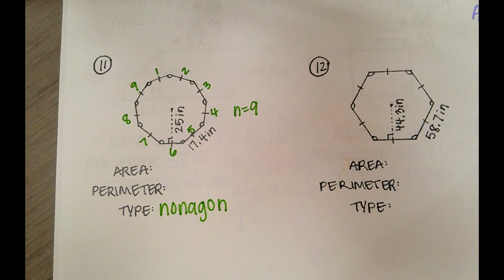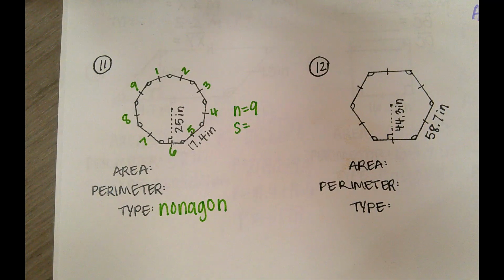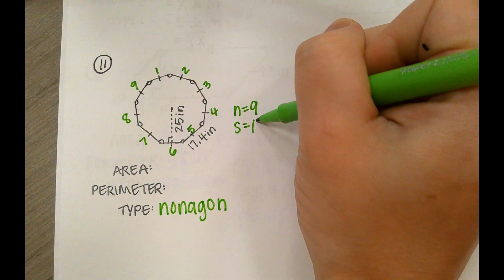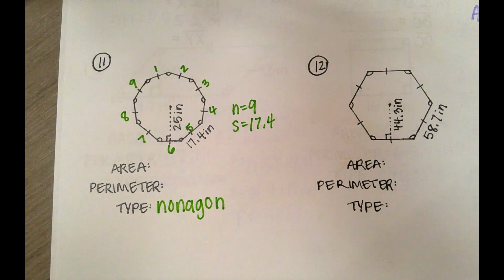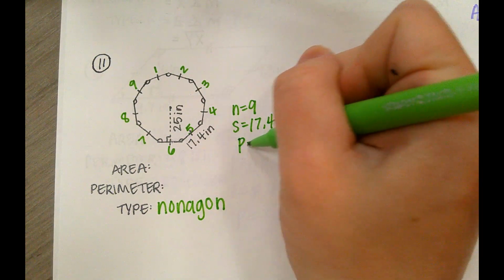Okay, what should we find next? Perfect. I've got my N is 9, number of sides. My side length is 17.4. We can use those two measures to find perimeter.